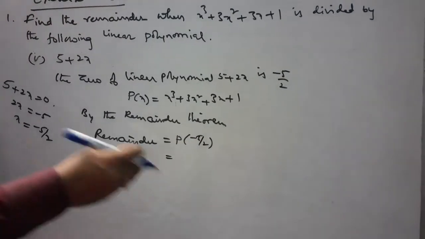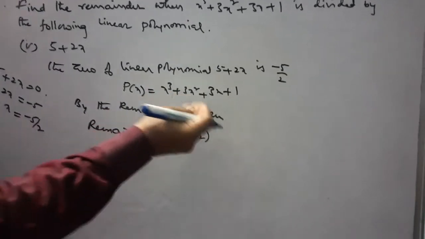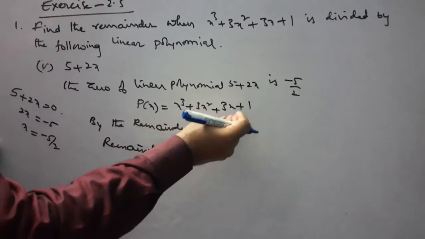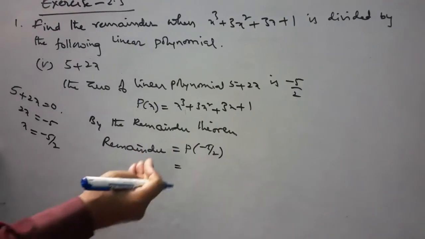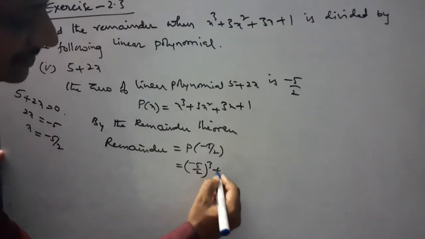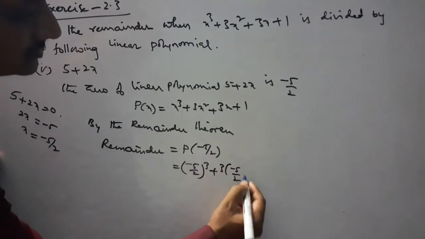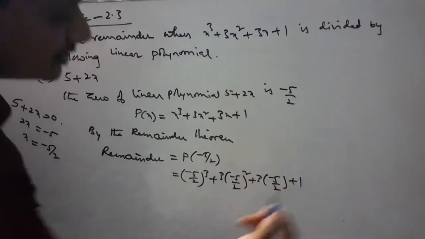So we have to replace x by minus 5 by 2 in the p of x. So what is the p of x? X cube plus 3x square plus 3x plus 1. So now replace x by minus 5 by 2. So we will get minus 5 by 2 whole cube plus 3 into minus 5 by 2 whole square plus 3 into minus 5 by 2 plus 1.